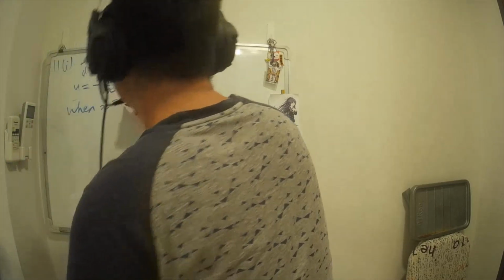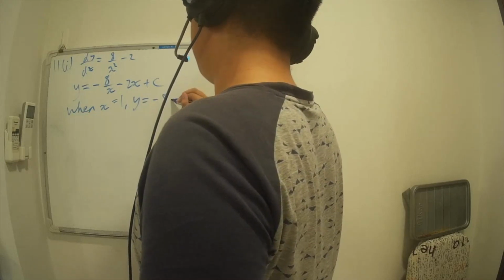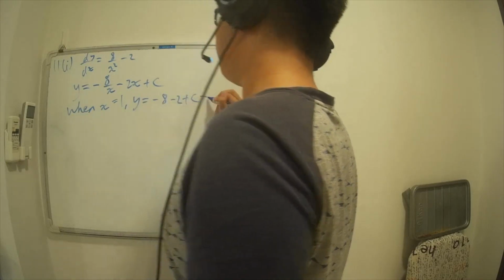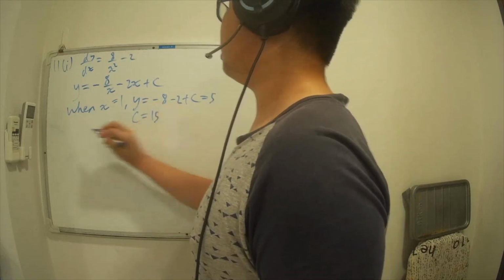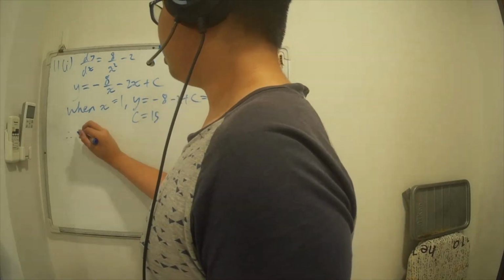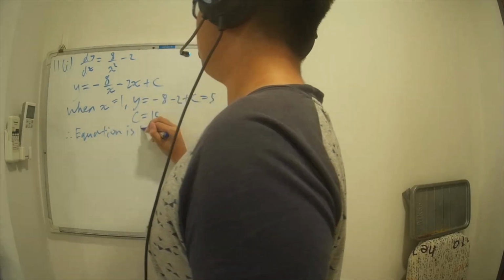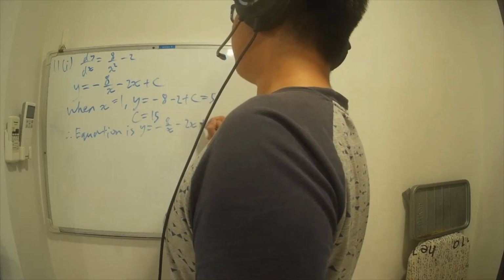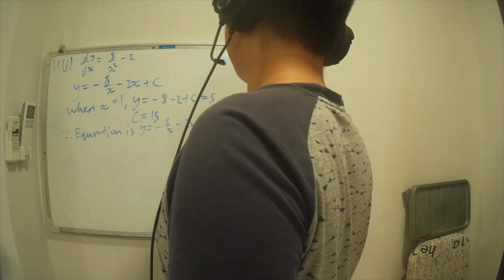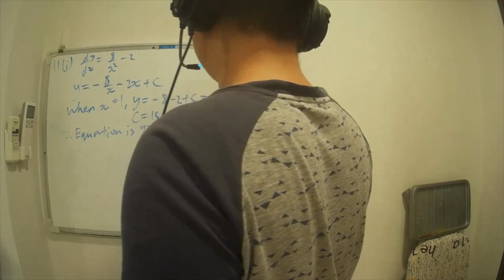So when x equals 1, y will be equal to minus 8 minus 2 plus c, which is equal to positive 5. So that means that c is equal to 15. So therefore, the equation is y equals negative 8 over x minus 2x plus 15, right? So that should be, that's quite simple.